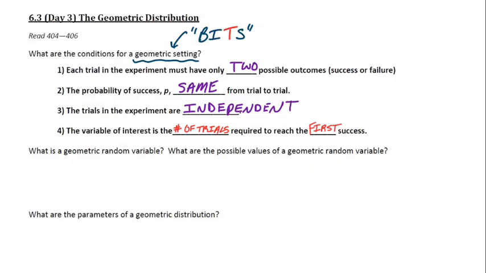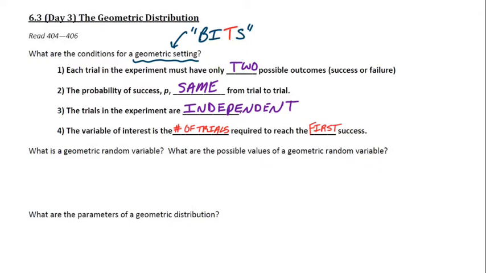So B stands for binary, that's the two possible outcomes, success or failure. I stands for independence. T just means trials until the first success. And then S, same probability of success for each event. So if you like using BINS for binomial, you can use BITS for geometric.